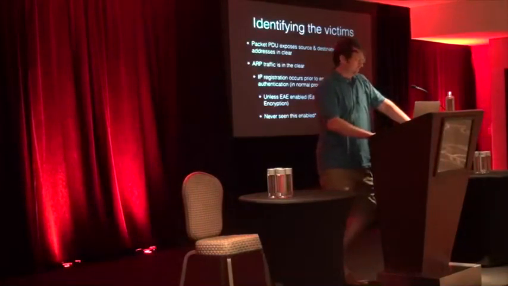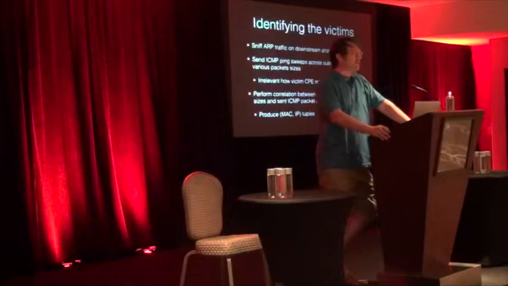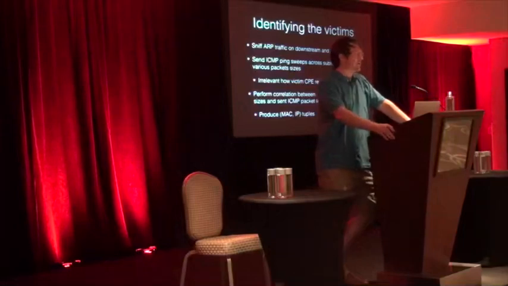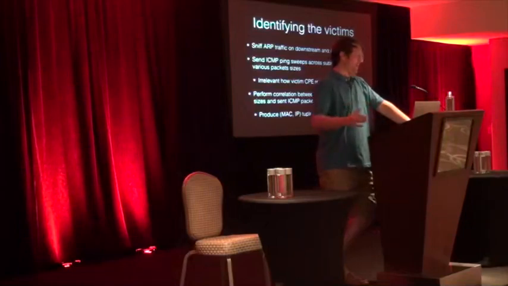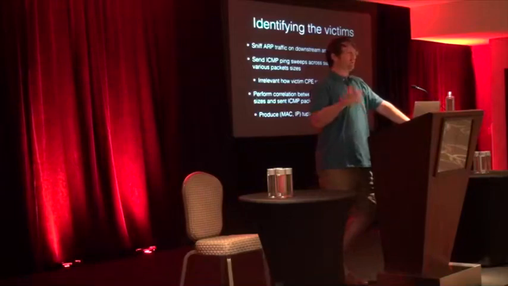So my approach here is to sniff ARP requests going downstream, because they're clear text, and collect the subnets from them. Then from the internet, I send ICMP ping sweeps across those subnets with random varying packet sizes for each IP address in the subnet.